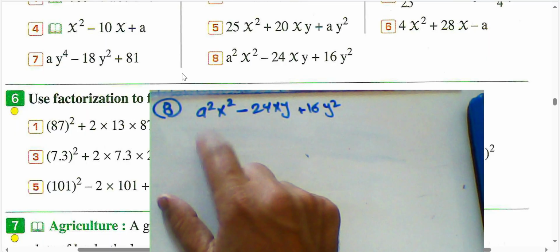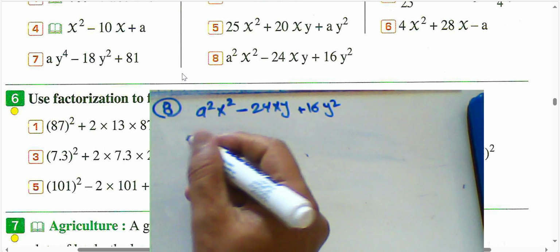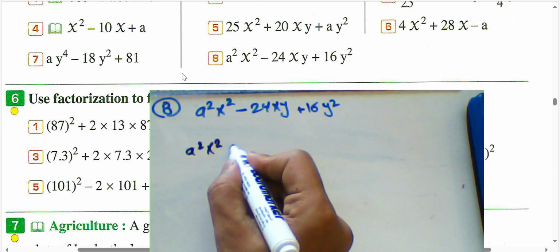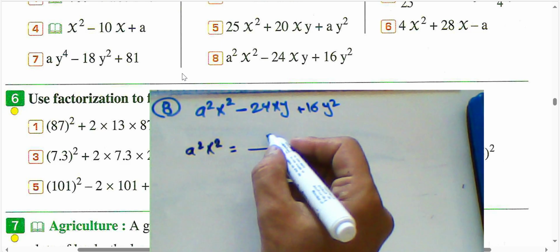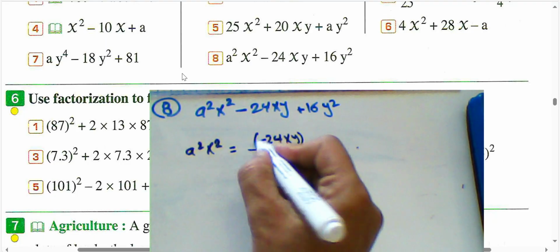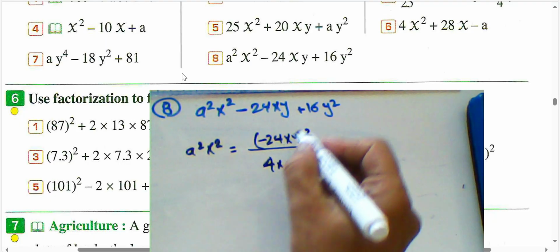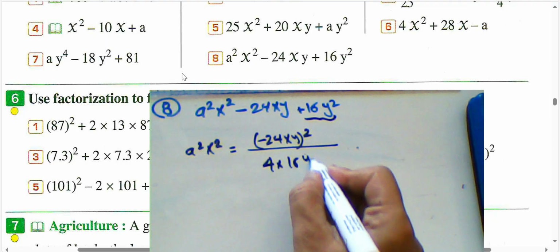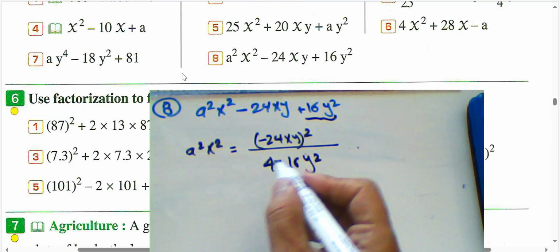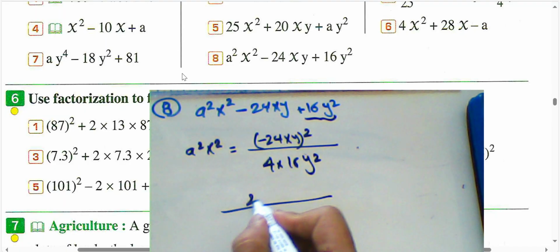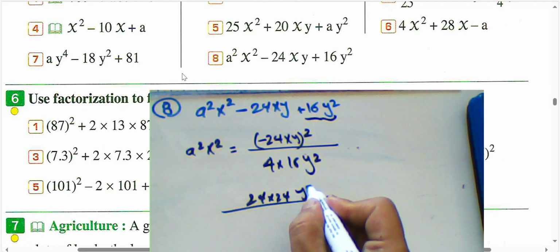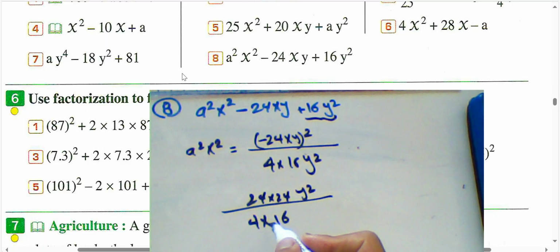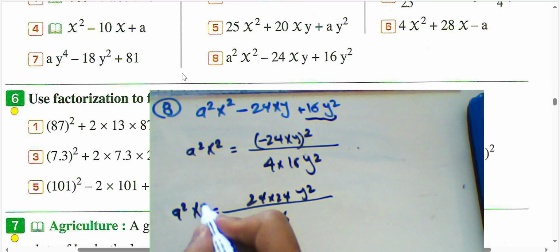In this expression a lies in the first. Then we have a power 2 x power 2 equals the middle, (negative 24xy) all power 2, over 4 product by the third. 24 power 2, meaning 24 times 24 y power 2, over 4 times 16. It will be a power 2 x power 2.